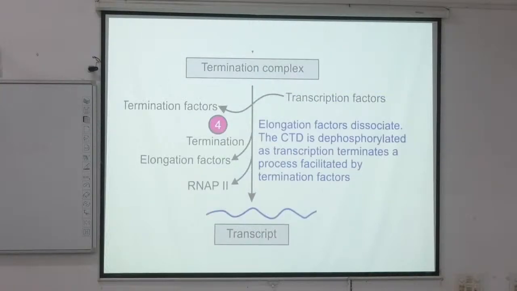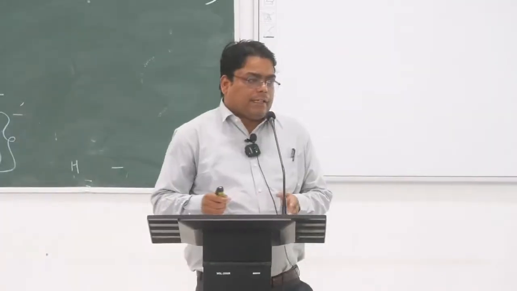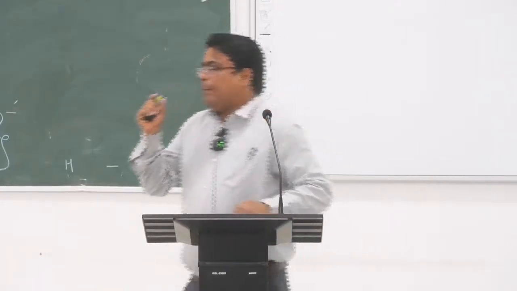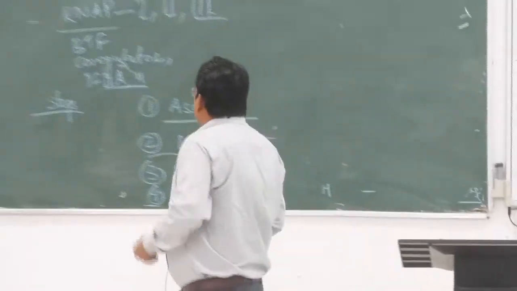Termination is very simple. It is by some proteins. Last time we discussed the termination of this. It is this factor, termination, how these templates are terminated by endonuclease factors.